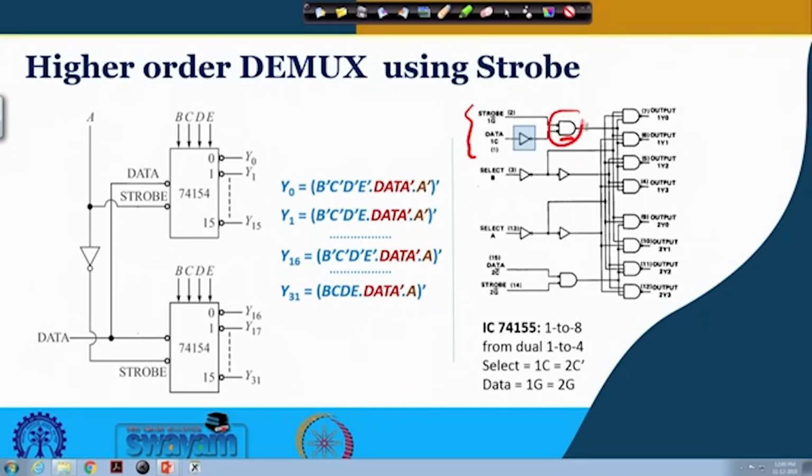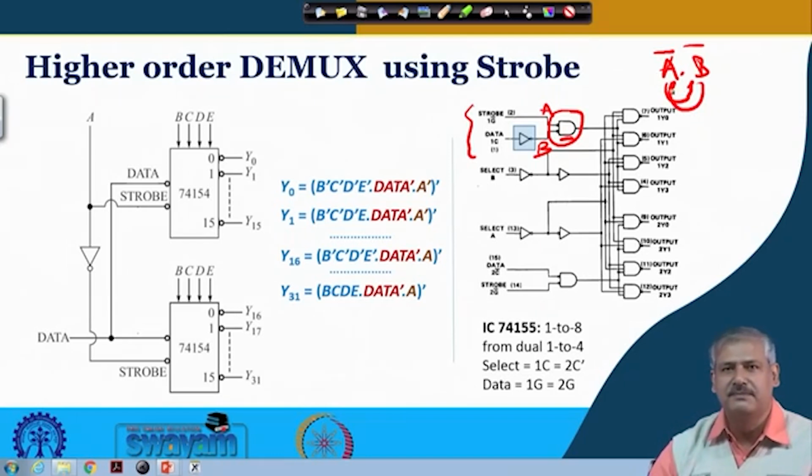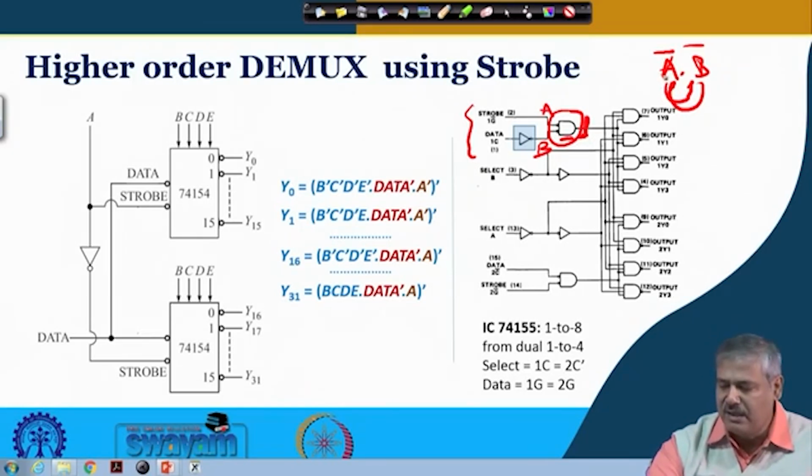If you consider this as input A and this as input B, what you are getting here is A prime and B prime. So basically whether you exchange A with B and B with A, there is no difference. Okay. What I mean is, from the logic point of view, the output over here cannot distinguish between A and B.